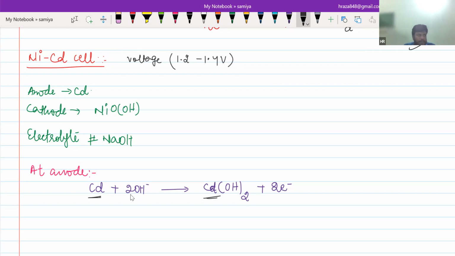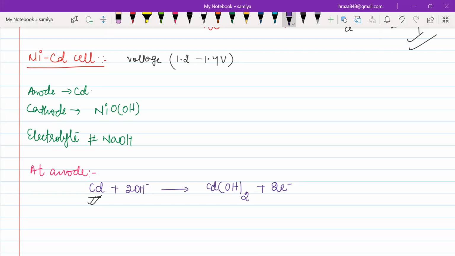Any answer? For the first one, it is... left or right? Left. That means the reactant side. And what on the right hand side? Listen to me. Cadmium on the left hand side, is it in elemental form or compound form or molecular form?